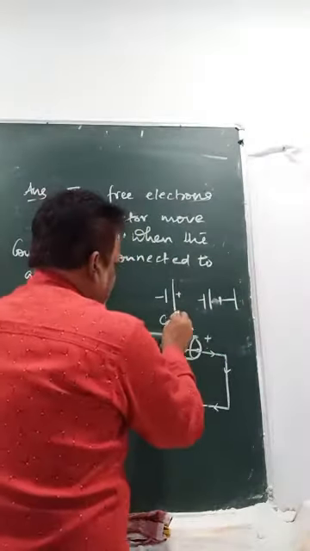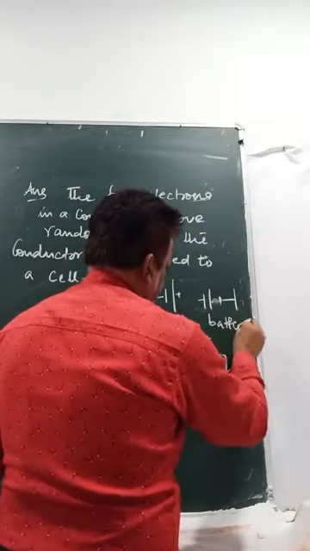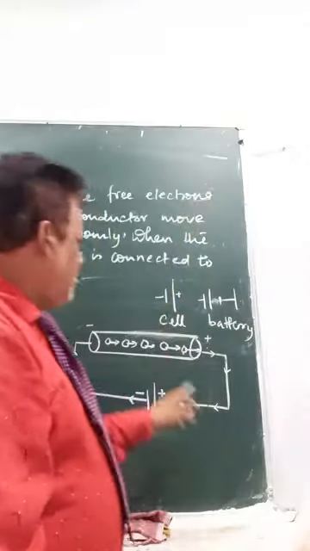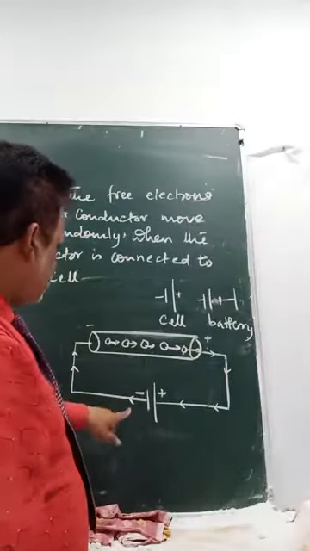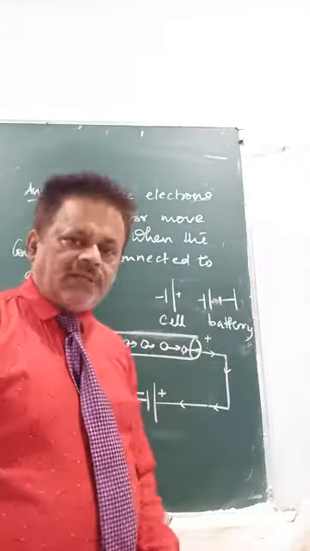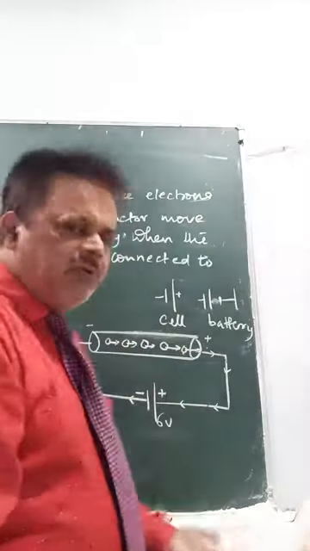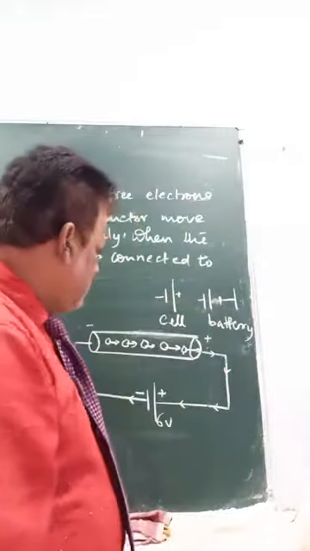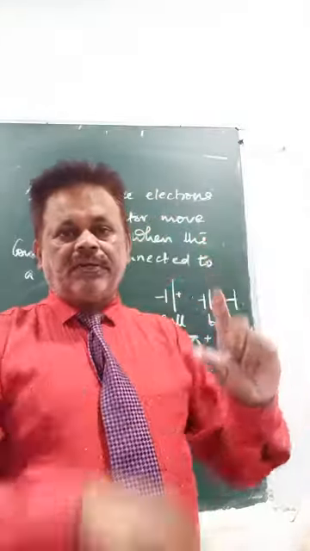This is a cell, this is a battery. A number of cells will be called a battery and one will be called a cell. Suppose I have given a 6 volt cell. It could be 1.5 volt also, or 3 volt. You can see in that cell it is written 1.5 volt.